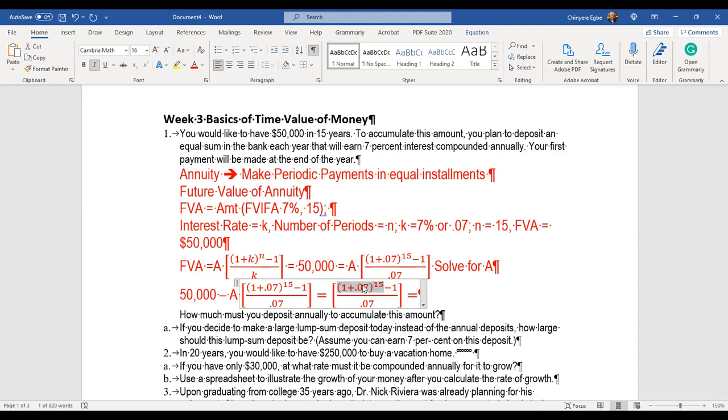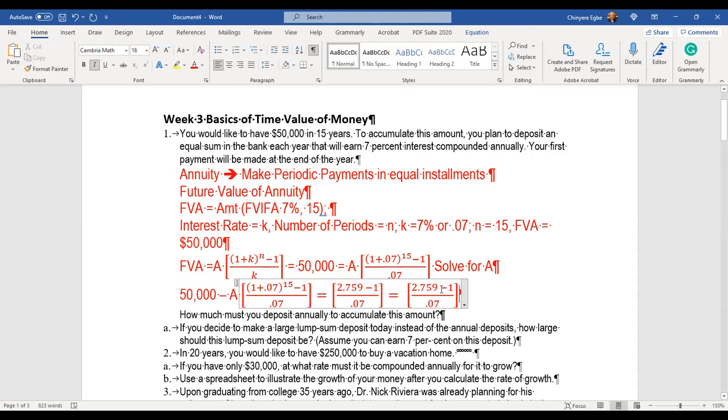Okay, that is over 2.759 minus 1 over 1.07. So you're correct, the minus 1 is already done. So that will be 1.759.